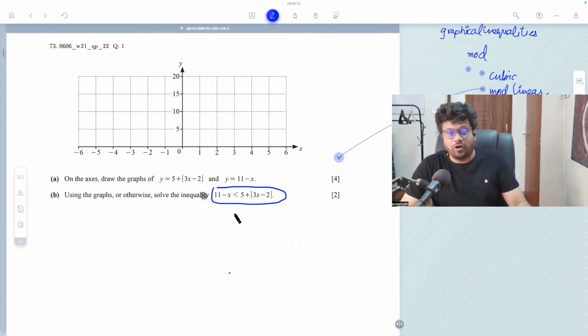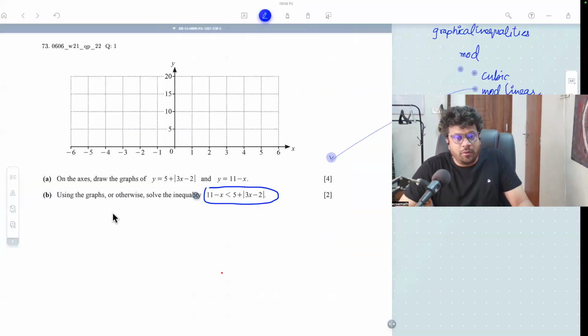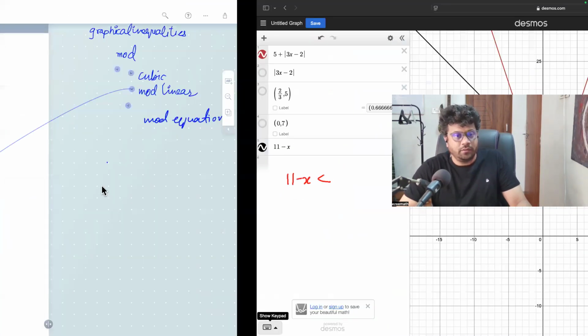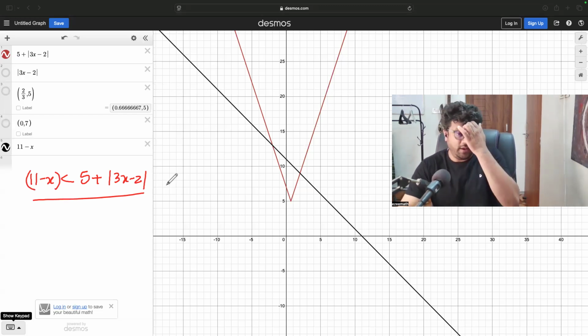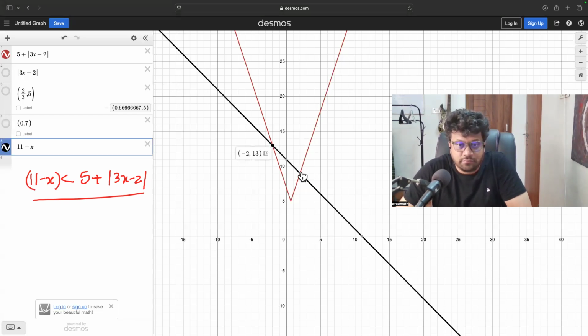Now watch carefully. What we are looking at is 11 minus x less than 5 plus mod of 3x minus 2. How to solve this inequality graphically? All you have to do is look at the points where these intersect.